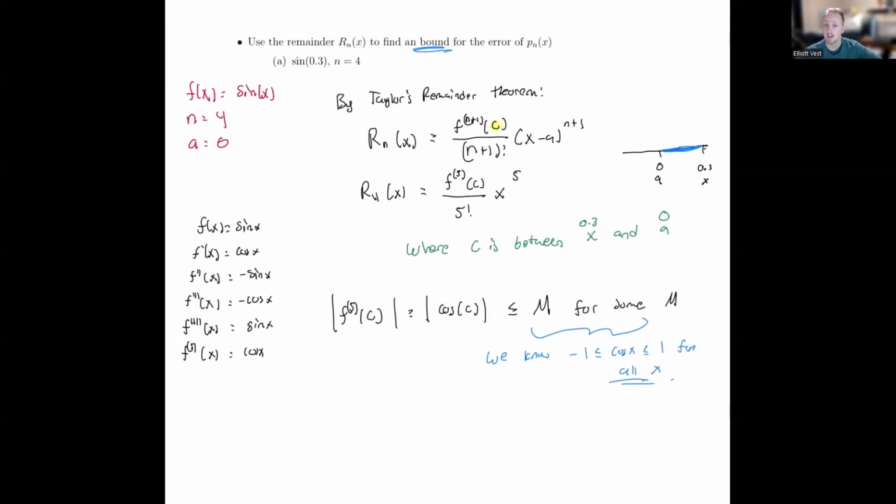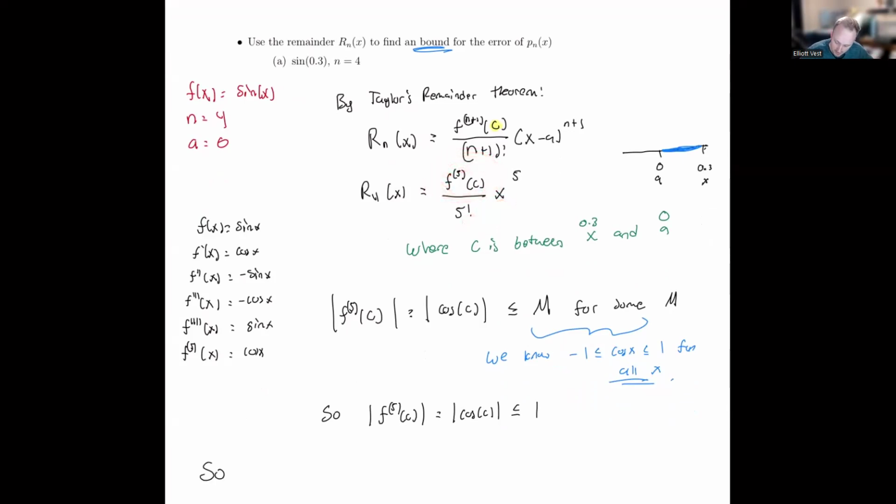That's the range of my cosine function. So f to the fifth of c, absolute value at least, which is cosine of c, is going to be less than or equal to 1 always. So usually you're given a problem where you know a little bit about the function, and since you know enough about the function, you can create a bound for this thing here, which makes life a lot easier for us.